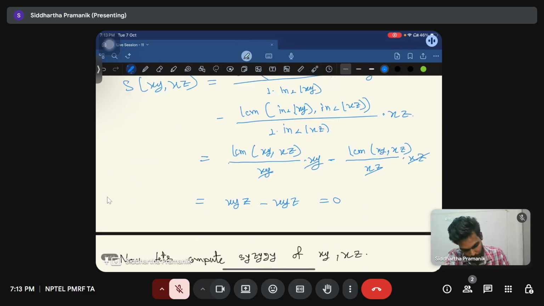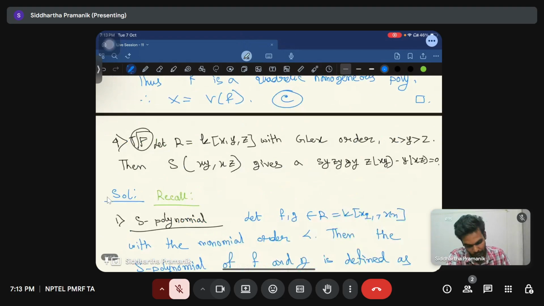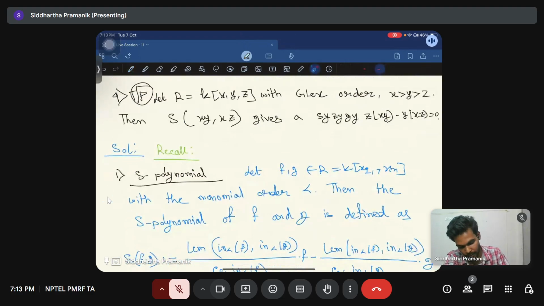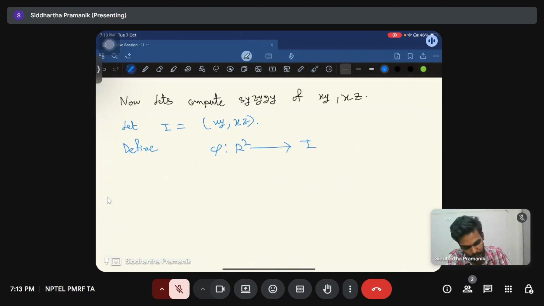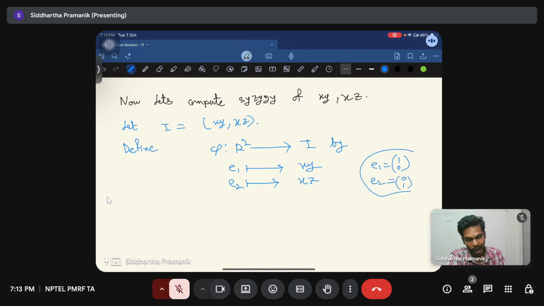Okay, I have not defined R. R is the polynomial ring in three variables that I have defined. So define this by sending E1 to xy and the basis element E2 to xz. So E1 is basically 1 comma 0, E2 is basically 0 comma 1. So this is an R-linear map.